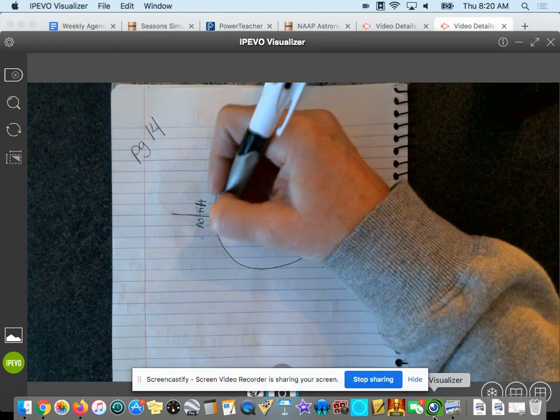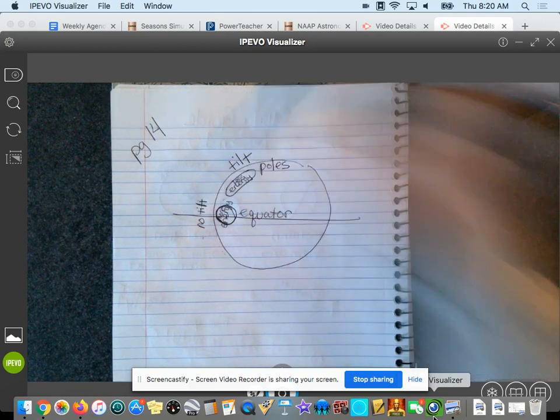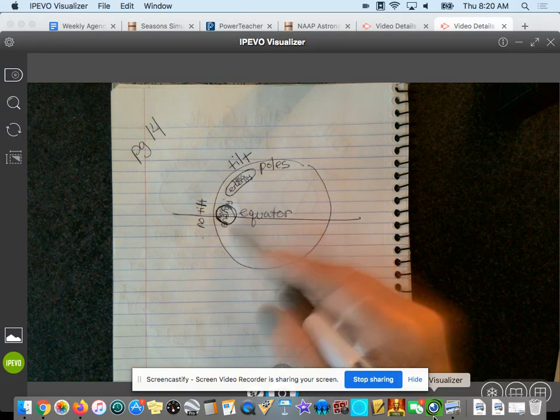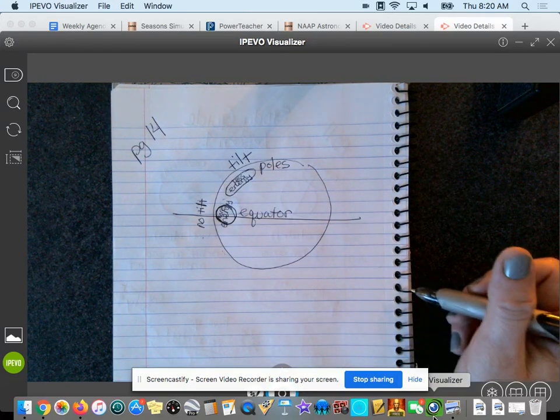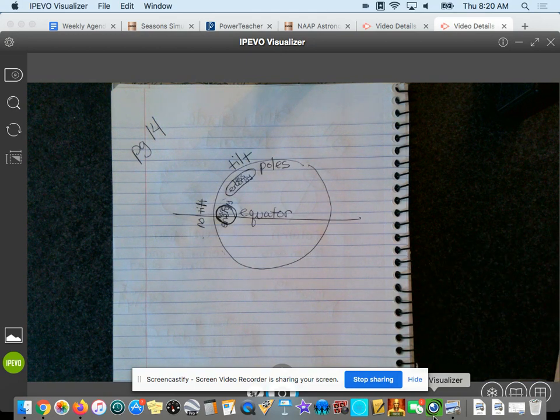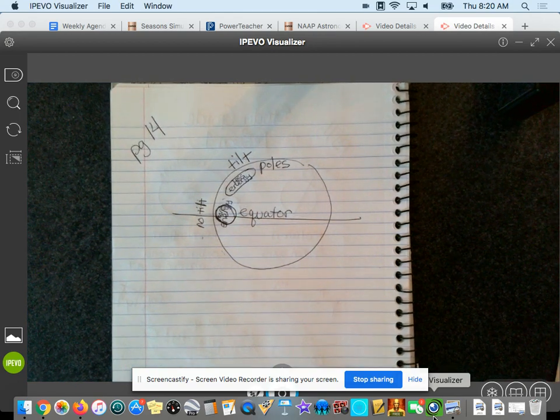So what I want to write is more energy, less energy. So that's kind of what page 14 is about. When you get near the poles, energy is spread out, and that's why the poles are colder.